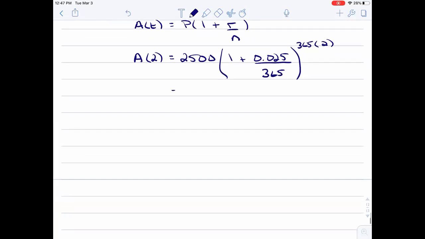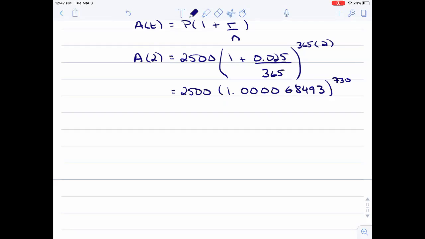So what I get here is 2,500, and you want to keep all your decimal places, even if you write them down. You want to keep all your decimal places in your calculator, as many as you can. So this is times 1.000068493 to the power of 365 times 2. 365 times 2, thank you, 730.